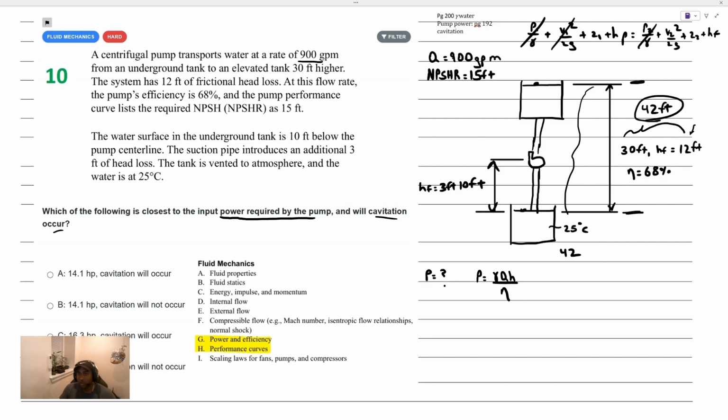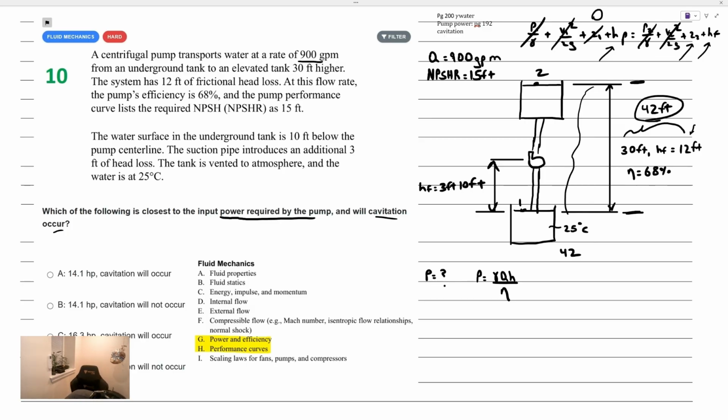The tank is large, so the water level will rise or drop slowly. So that's why the speeds at point 1 and point 2 are going to be listed as 0. We know that the elevation at point 1, if we take it as our datum, is going to be 0, such that the pump head is just the sum of the elevation of point 2, that's the 30 feet, plus the frictional head loss, which was given as 12 feet. So that's formally where that comes from.